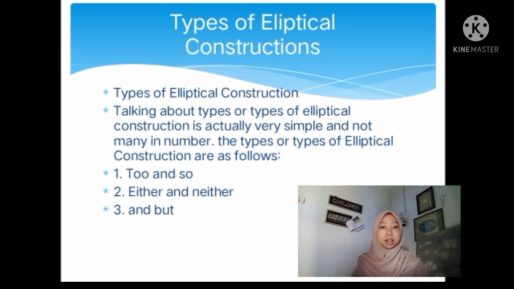Types of elliptical construction. Talking about types of elliptical construction is actually very simple and not many in number. The types of elliptical construction are as follows: Number 1, too and so. Number 2, either and neither.